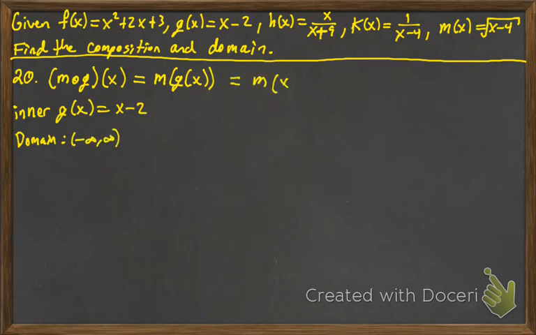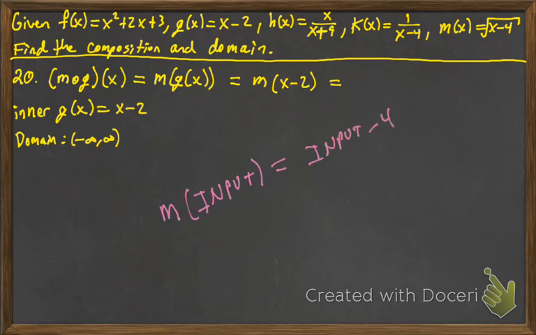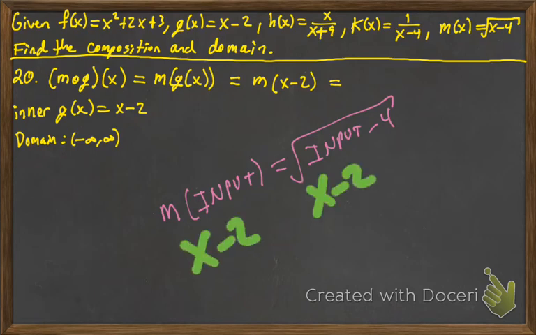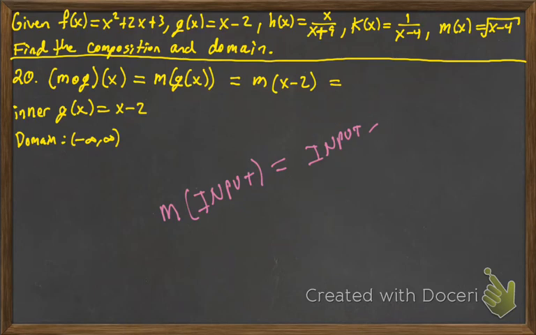So g of x is x minus 2, so this is going to be m of x minus 2. So here's what m does. m takes your input, and we're going to subtract 4 from it, and then we're going to take the square root. So if we're feeding it x minus 2, we stick it right in there, subtract 4 from it, and then take the square root.